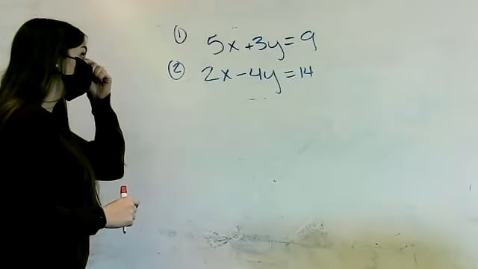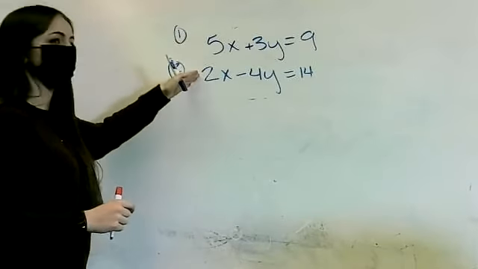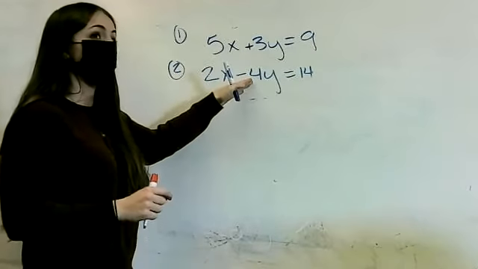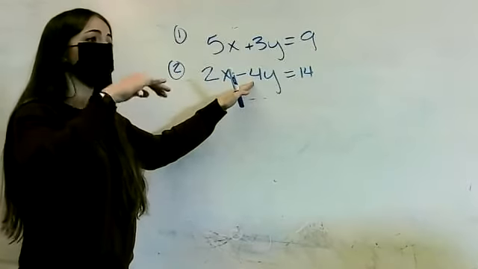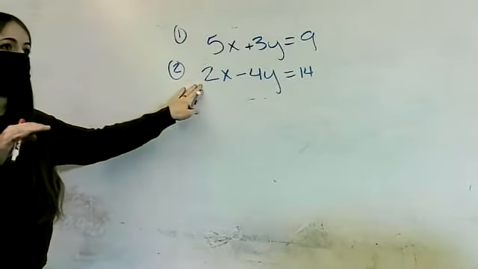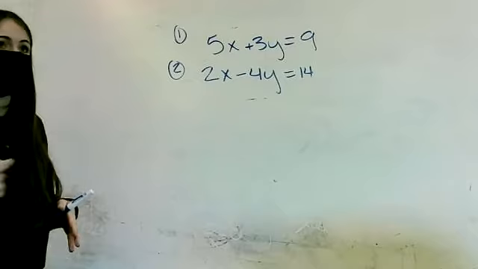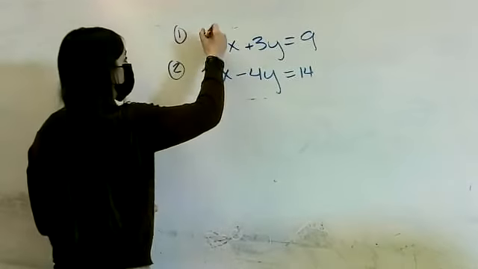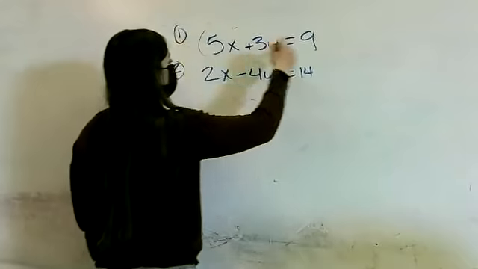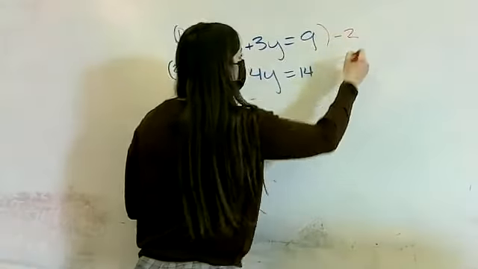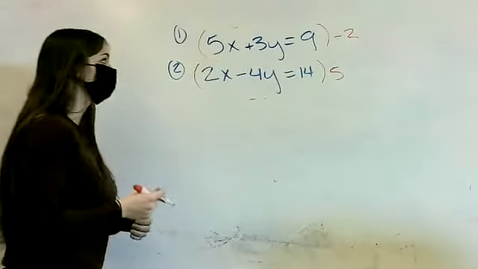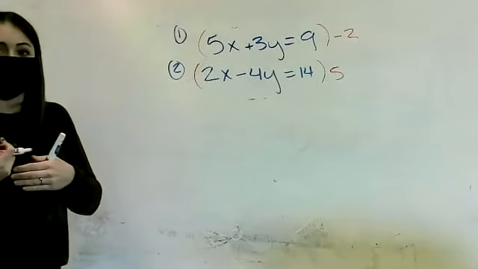The way that I'm looking at this is I have two positive X terms, but I have a positive and a negative Y term. For me, I love that. If I were to use my X terms, my common term would be 10, and I would have to ensure that I multiplied one of these by a negative value and the other one by a positive, because I have to introduce that negative.